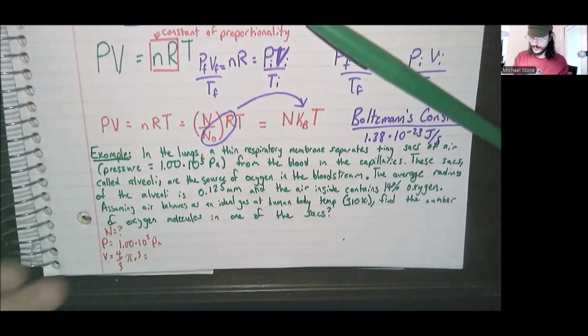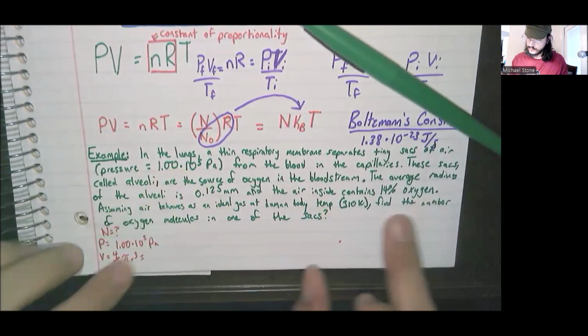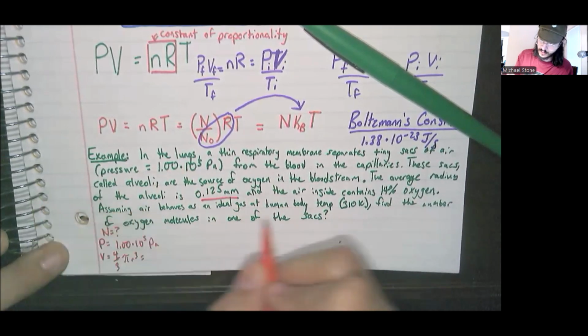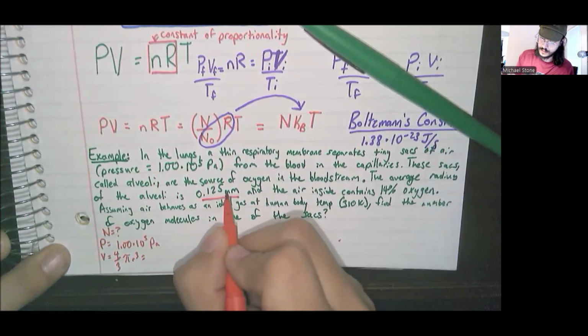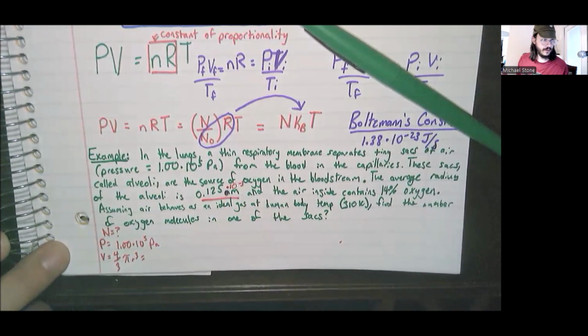So there you go. Plugging in a radius, now this is in millimeters. Turning our millimeters into meters is very easy. Milli just means times 10 to the negative 3.